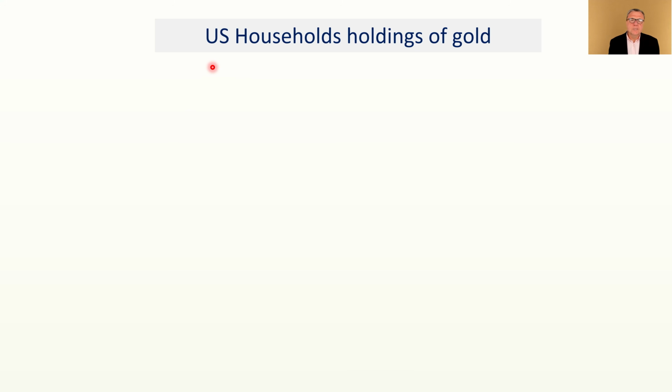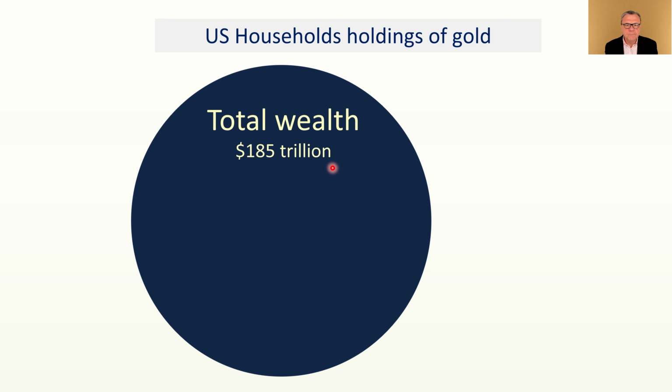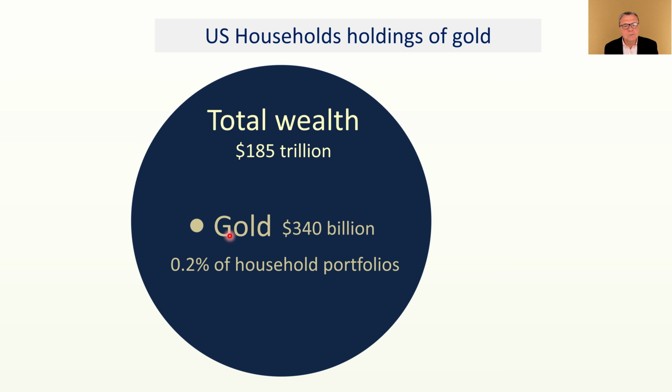Here it's an opportunity to look at US households and their demand for gold. If we look at the total wealth of US households, $185 trillion, that's quite a lot of money. Then US households' allocation to gold is only 0.2% of that wealth.